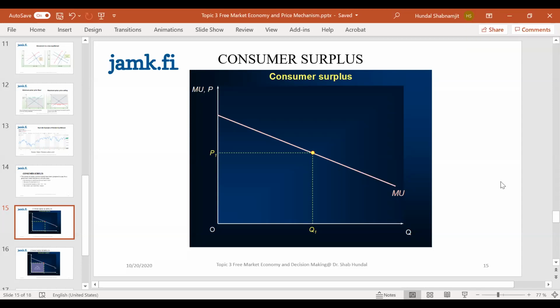Yeah, so the consumer surplus then decreases. So do you think this curve is fine, or is it a problem?